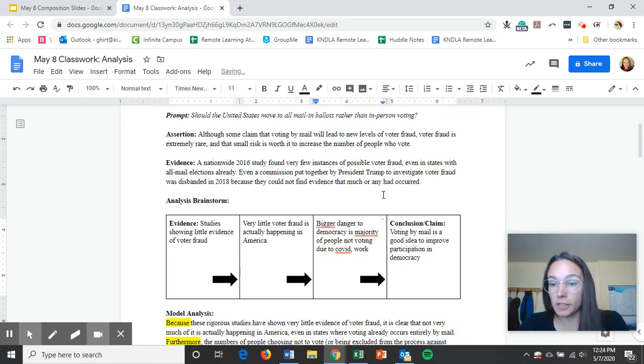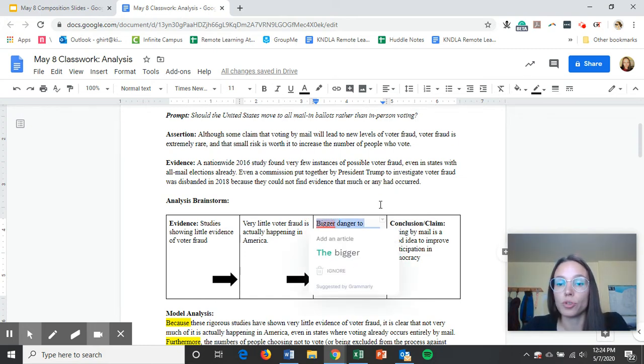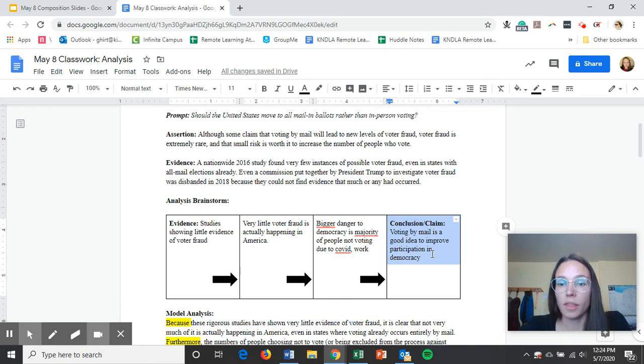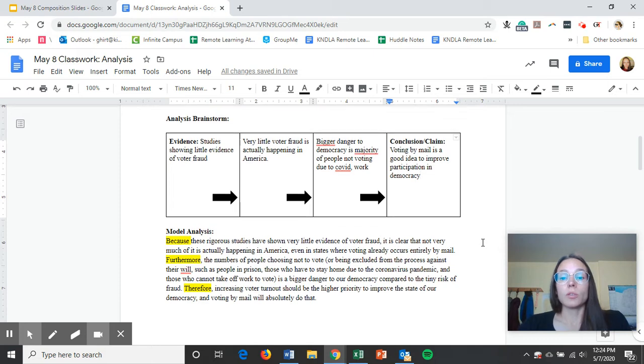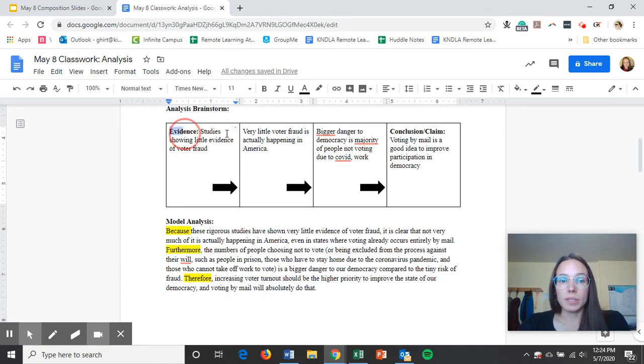If you can't get out of work to go vote in person, then you're just out of luck. Other reasons, right? So then I'm going from that step to the conclusion that voting by mail is a good idea to improve participation. So then I put all these steps together into my actual analysis.